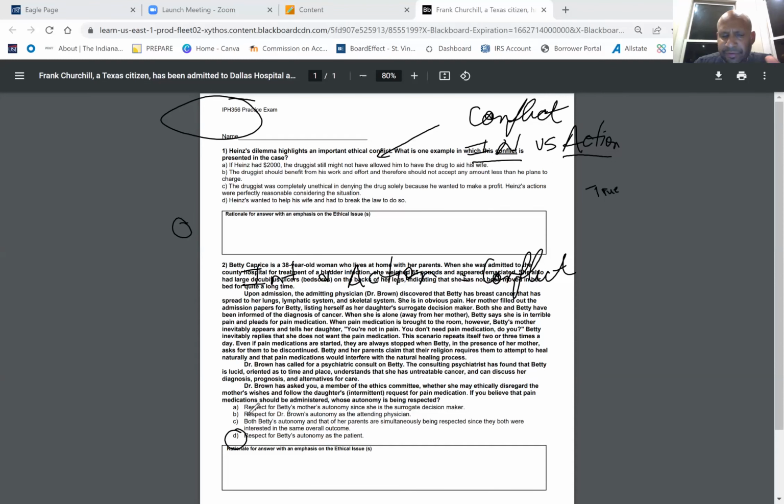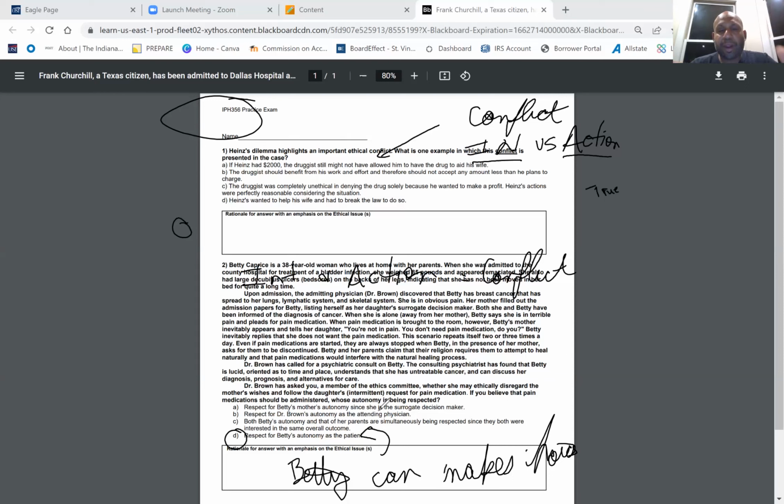It's not the physician's autonomy. It's really not her mother's autonomy, but you have to indicate that in the case, right? So you want to put down Betty can make choices, and therefore, she can ask for pain medication, however you want to word it. But what the rationale does is it points to the answer.